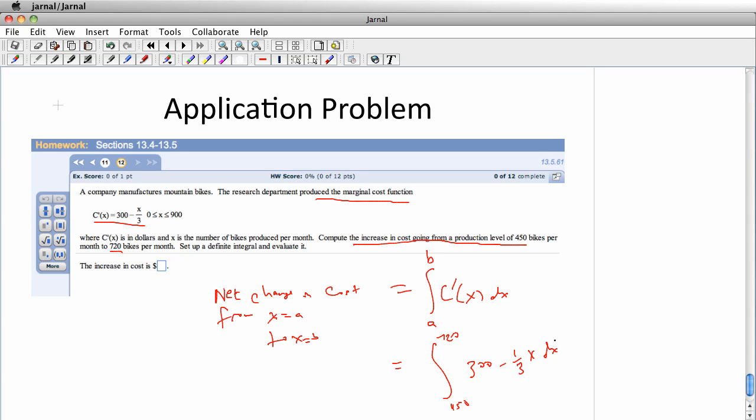So in this application problem, the answer to the question is really just the integral from 450 to 720 of the marginal cost function. And so that's easy enough to do using the methods that we had before.